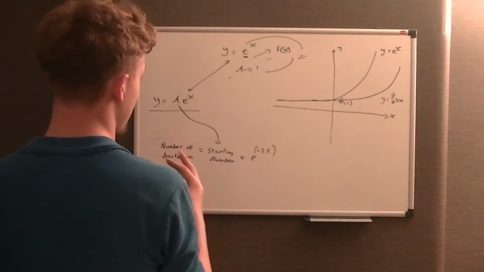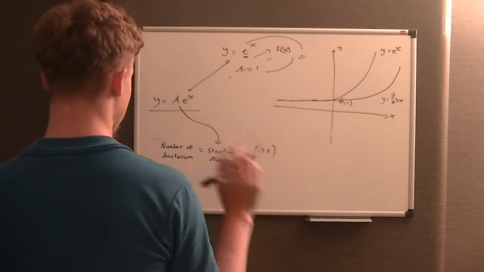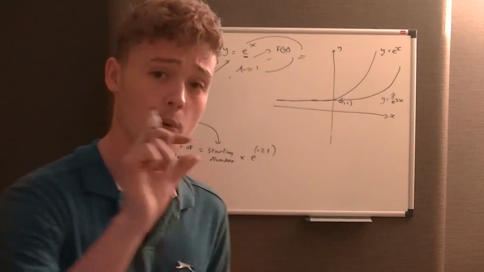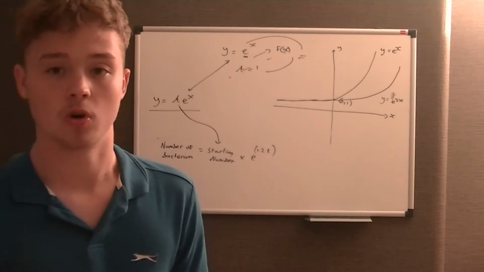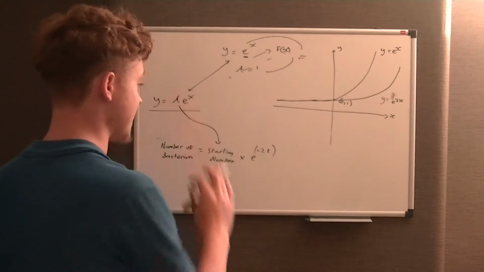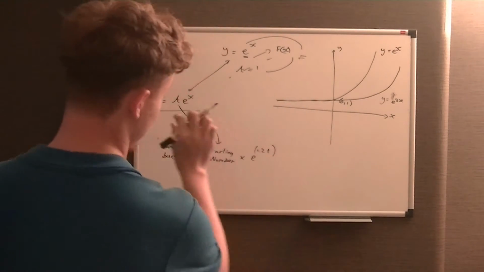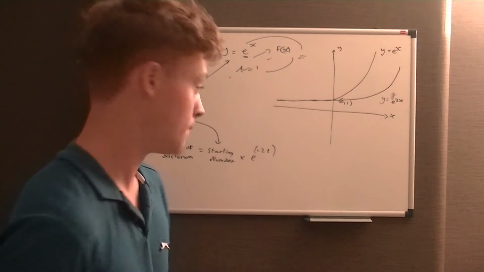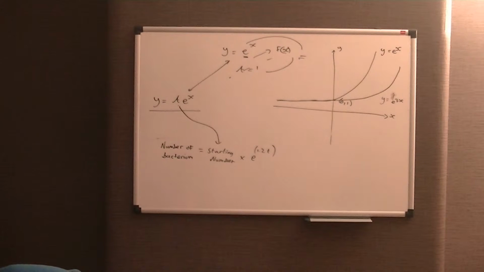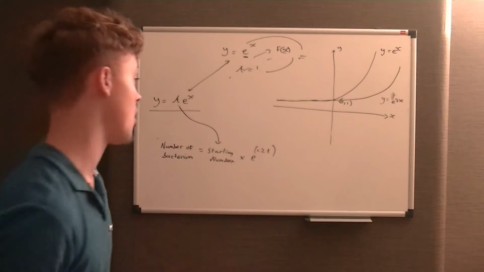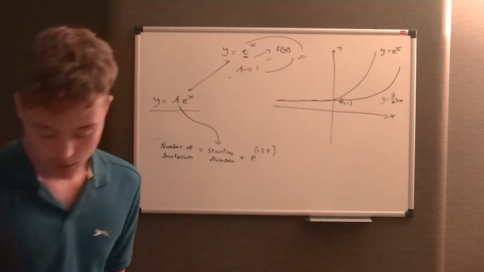Generally, y equals a, your start number, times your exponential function to the power of the time, if it's a bacterium question or something changing. Generally it'll be t, and you always put the t in the power bit of the exponential function. Hopefully that makes some kind of sense to you. Or if a car is increasing in value, it'll be something like that.